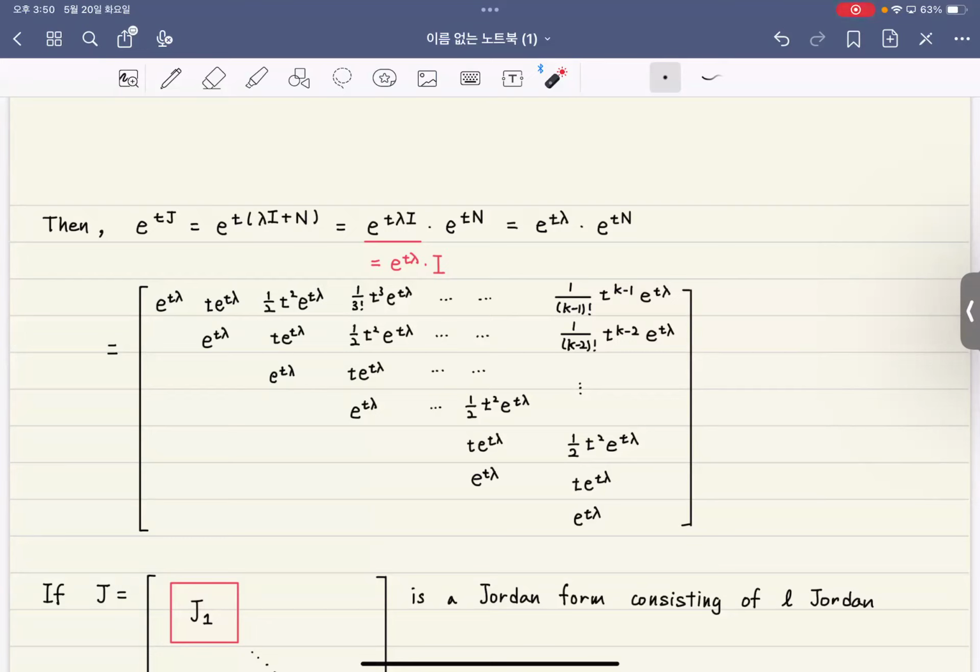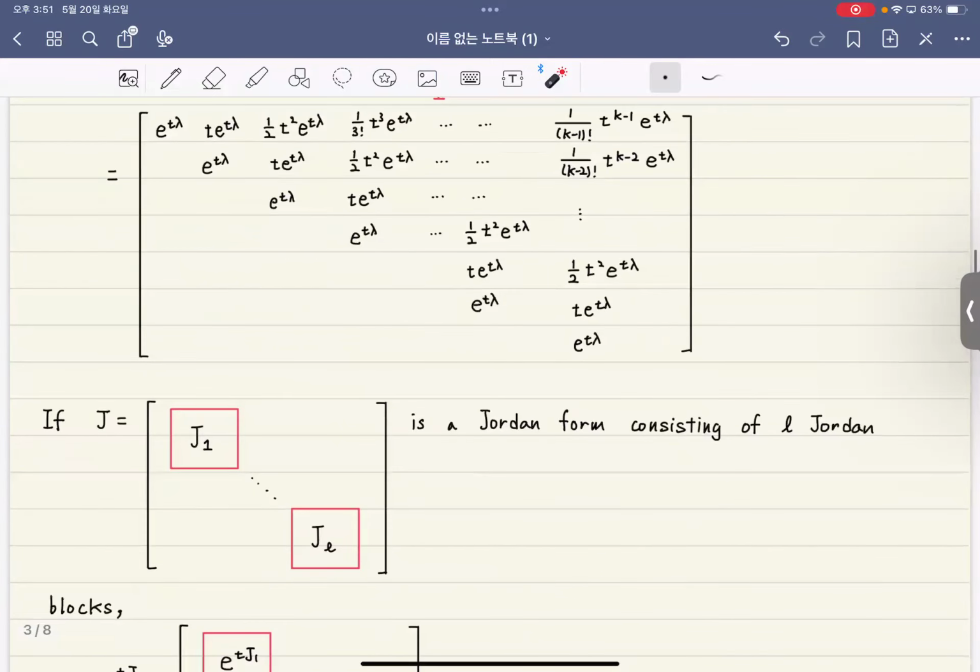I really hate to say you have to memorize this, but there's actually nothing to memorize, because as long as you understand the pattern, everything is very straightforward.